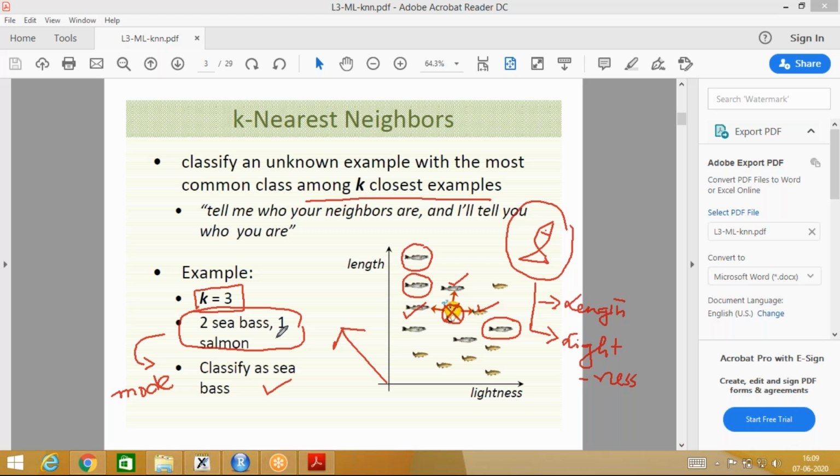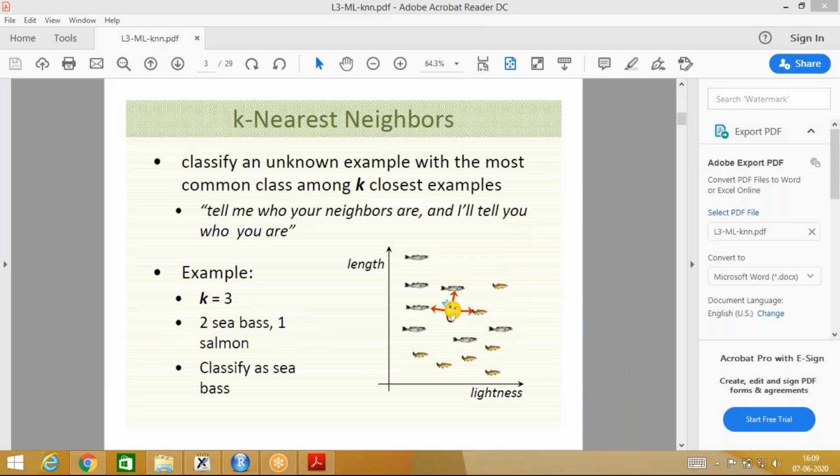Whatever the mode is, that is your prediction. So that is k nearest neighbor, which is one of the very basic ways.